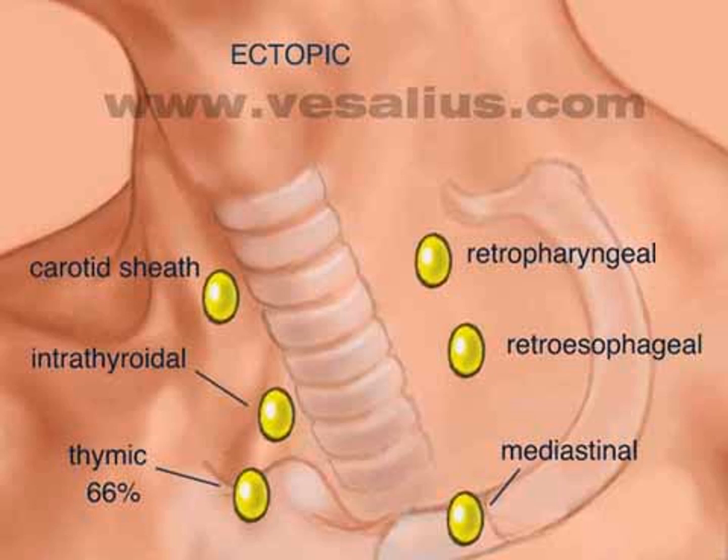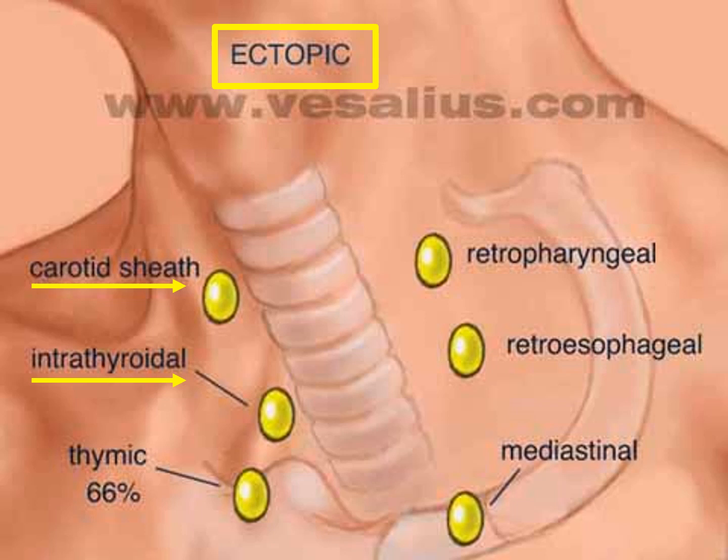These are a few choices of what is called ectopic positions of the parathyroid gland. They can be in the carotid sheath and they can be intrathyroid.